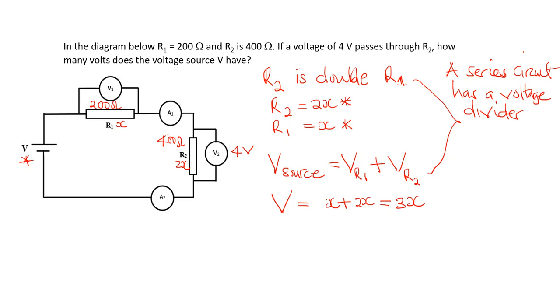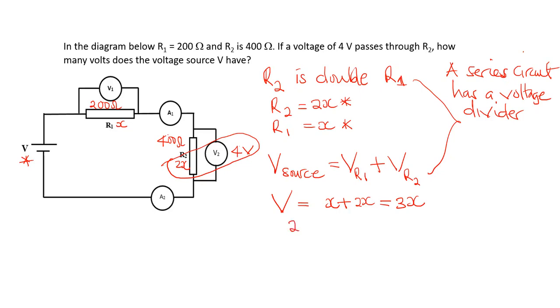Now, here, if we take 2x here, we know that 2x is equal to 4. Because it is given, we know that the voltage passing through R2 is 4 volts. So that is 2x.